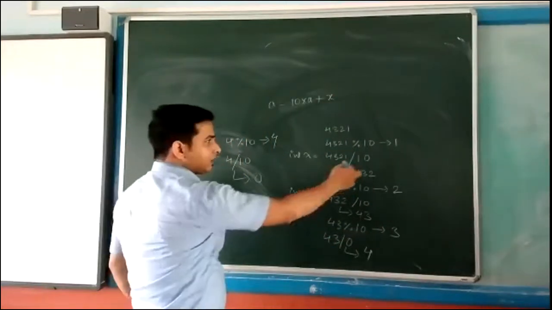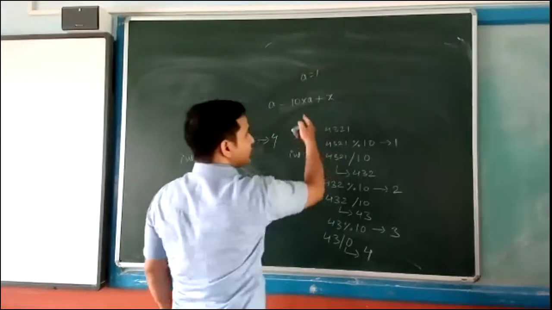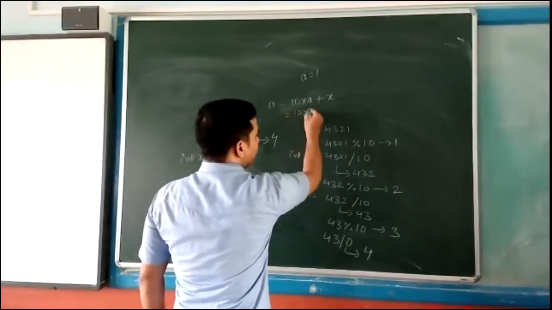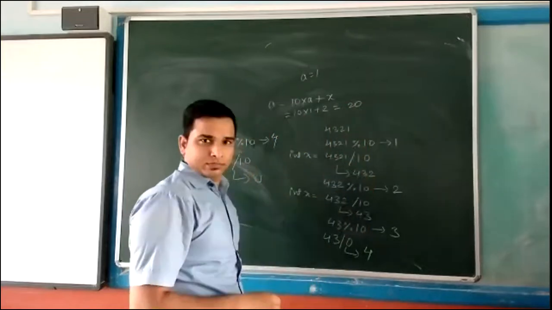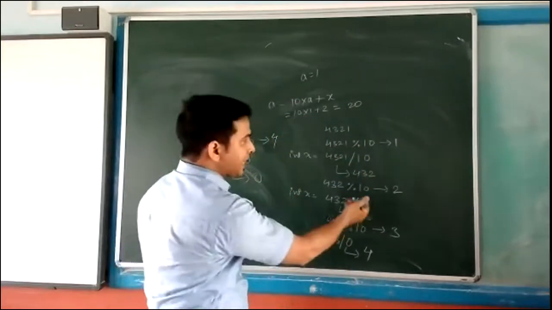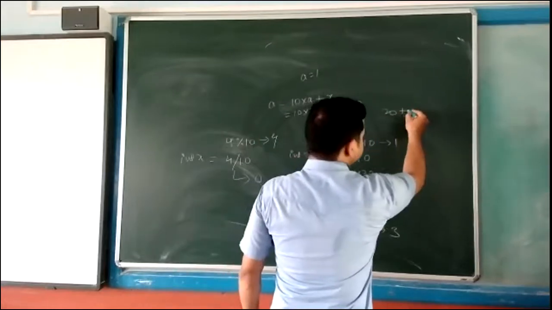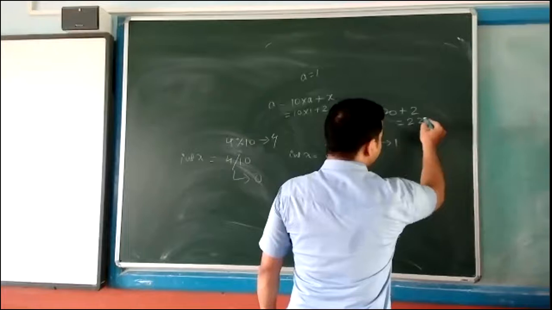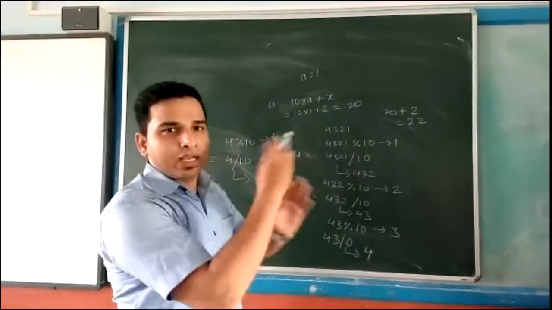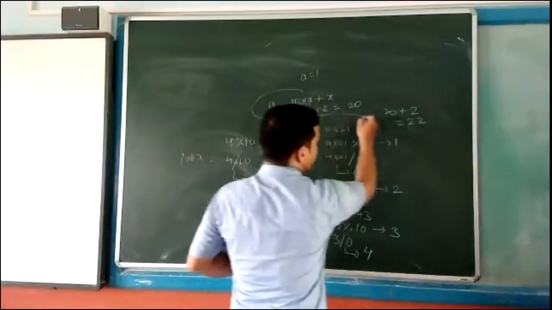Then the first value is 1, and a has initial value 1, then 10 into 1 plus 2, the answer will be 12. In the next case, 12 into 10 is 120 plus the next number, that is 3. Similarly, we have to perform the addition. This is just an example.